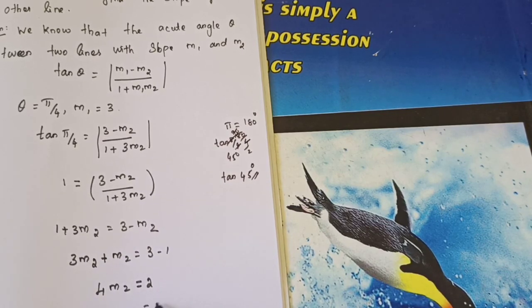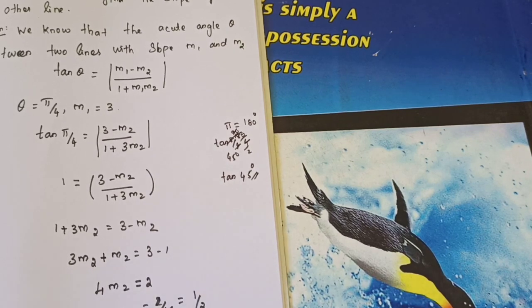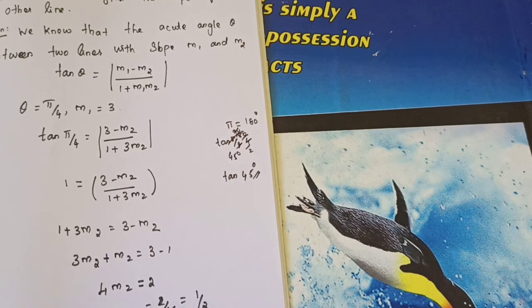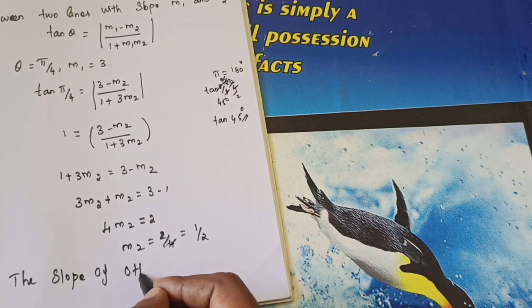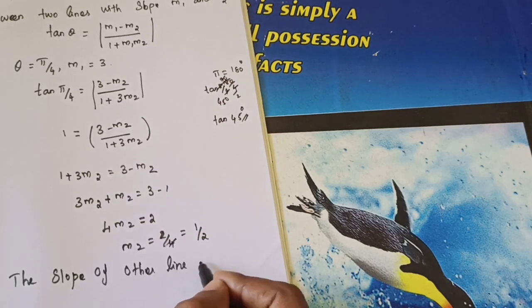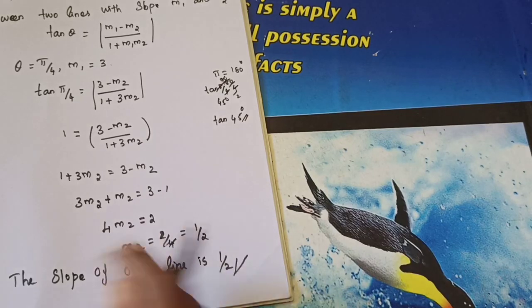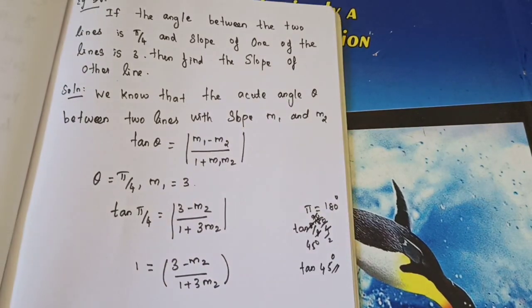So m2 equal to 2 by 4, that's equal to 1 by 2. Understand? So what's the slope of the other line? 1 by 2. The slope of the other line is 1 by 2.